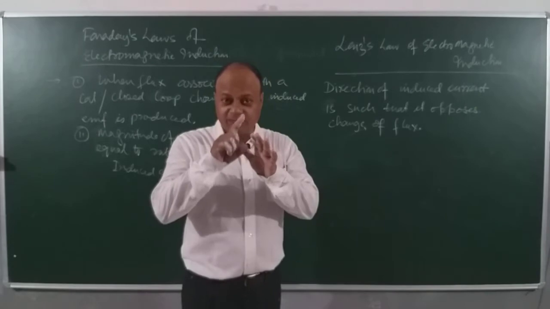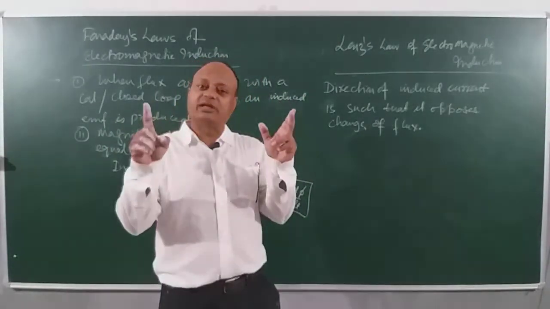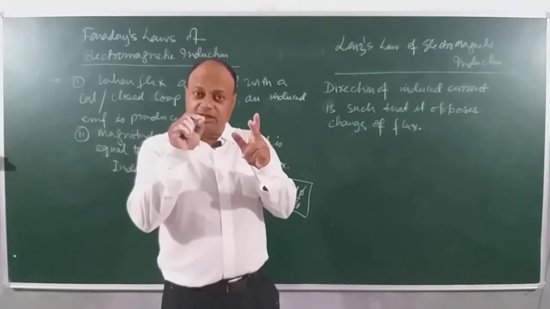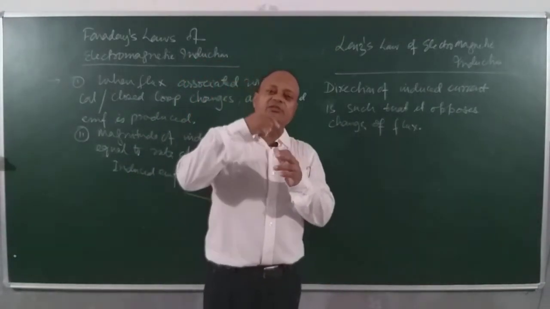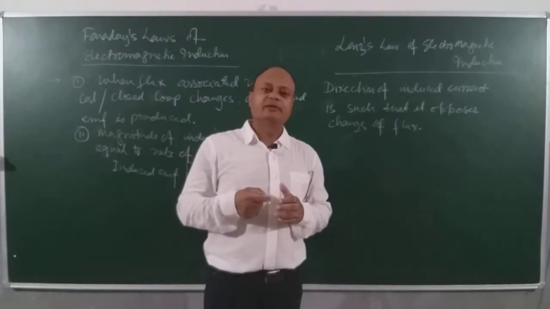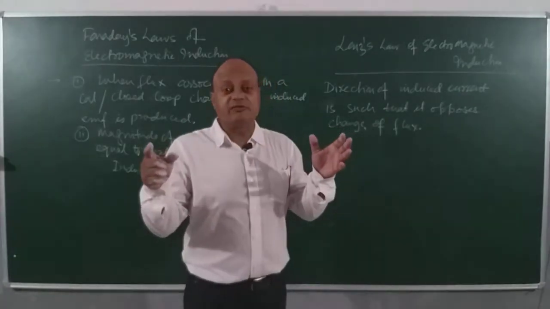Remember, if there is no change in flux, there will be no EMF and therefore no current. However, when there is a change in flux and there is a current, then onwards the current sets up its direction in such a manner that it will oppose the change in flux.